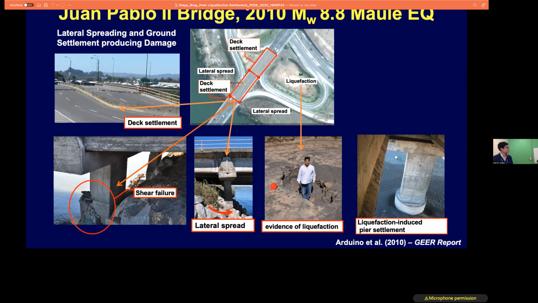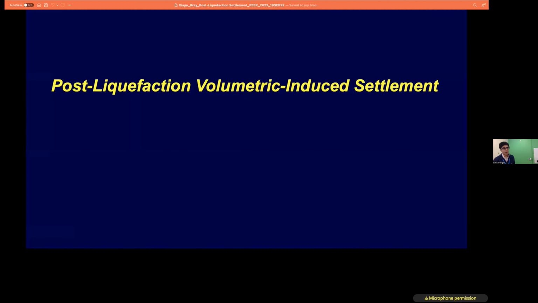The mechanisms involved with this phenomenon of liquefaction-induced settlement are primarily volumetric and shear-induced settlements. Today, I will focus on the volumetric component, so post-liquefaction volumetric induced settlements.